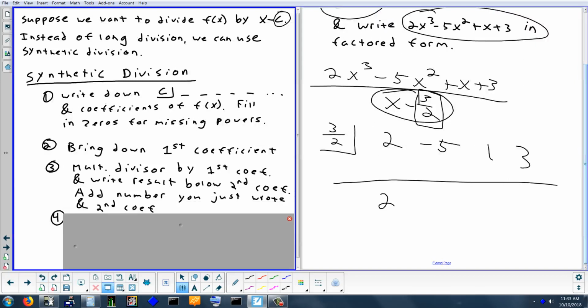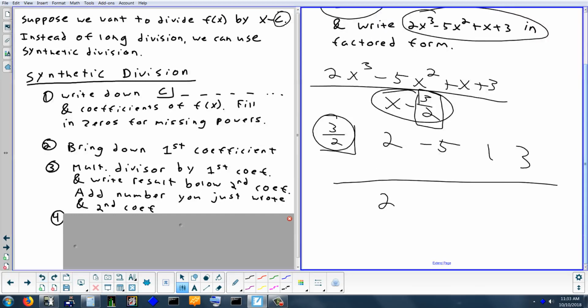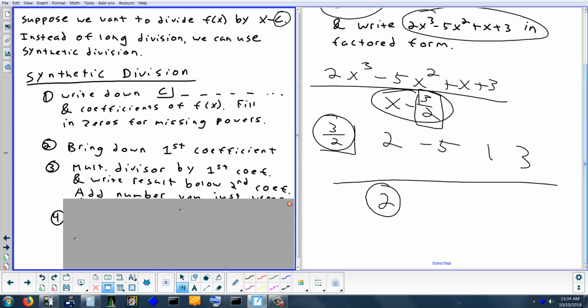And now you're going to multiply the number on the outside by the first coefficient, which is the number we just brought down. What's 3/2 times 2? Yeah, 3.